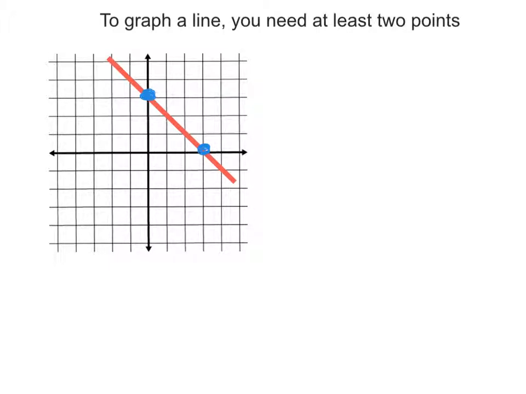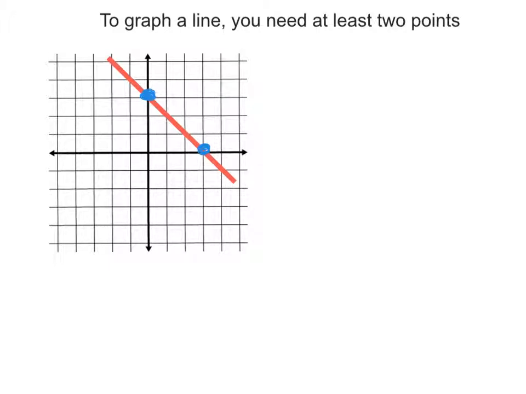Just 1, okay? So if I give you an equation and I want to graph it, all I really have to do is find 2 points. And you guys kind of did that yesterday. If I gave you an equation, you found a bunch of different points on that line, right? Some of them you found 6 points. You found a 1, 6 and a 2, 3. You found a bunch of them, okay? So that part's not new today, okay? Finding points on a line.